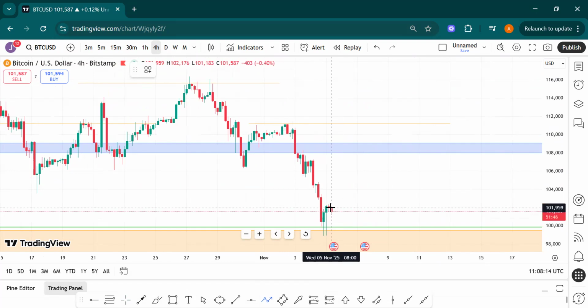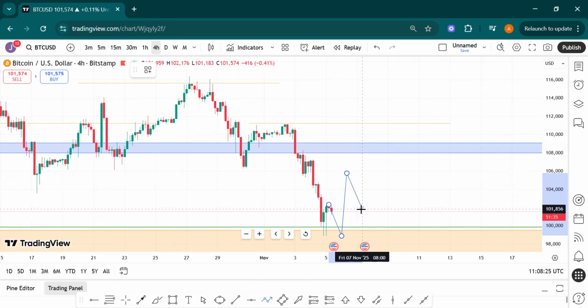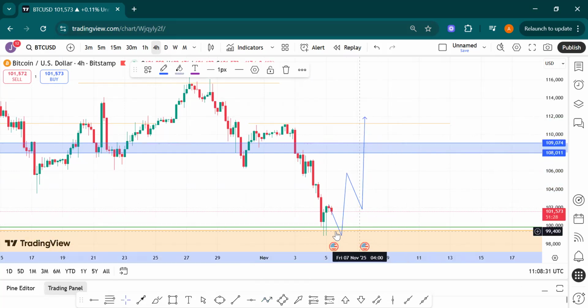This is a low, has made a lower high sort of, and we can see that sellers are trying to push down. So if I'm able to get something like this, price pushing downwards, and then I get something like this, price pushes upward, and then I get something like this, then I can start looking forward to my buying opportunities upwards. Now, what do I mean?